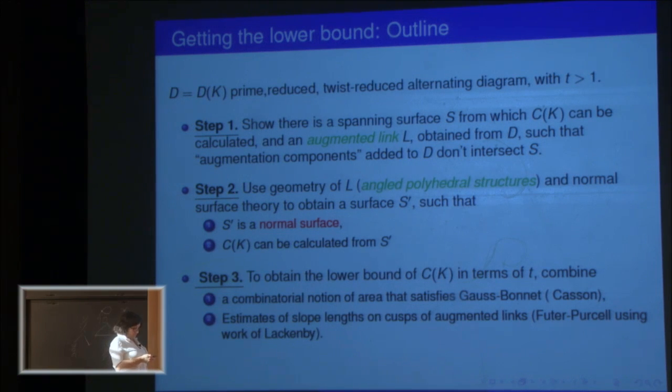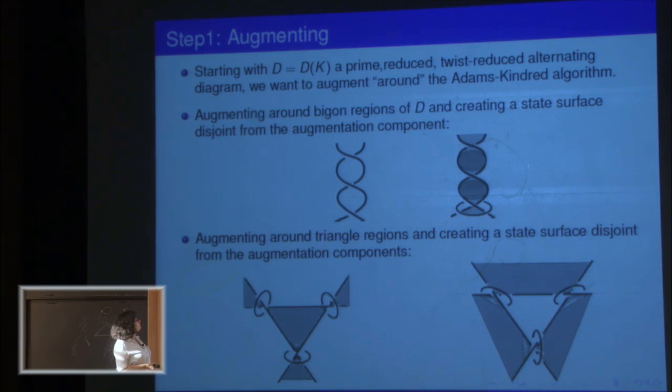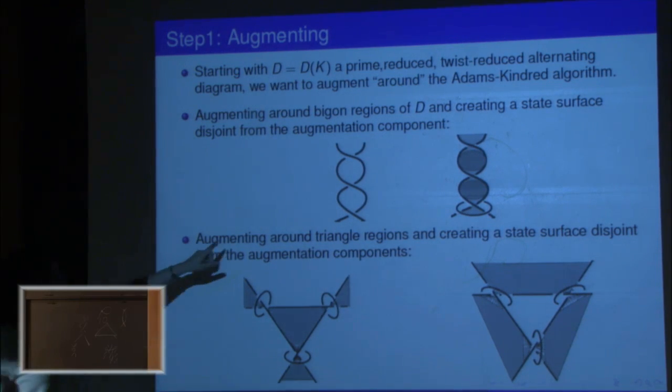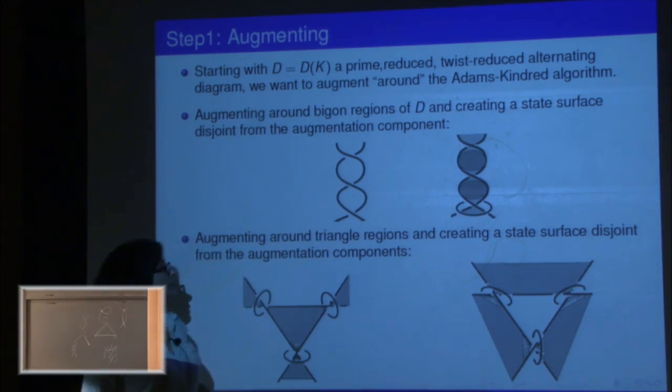So how do I do that? Okay. So for instance, one thing I want to do is, how will I augment these particular cases. So I see a twist region looking like so, and Adams and Kindred tell me to resolve so that these bigons become circles, all right?